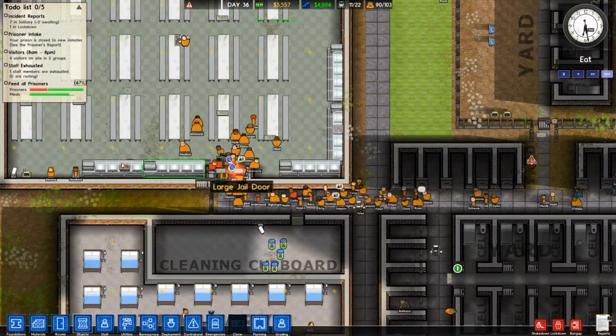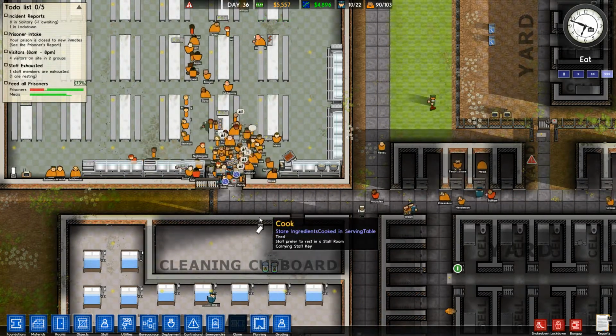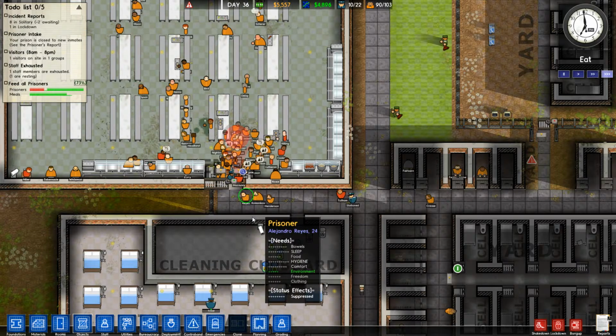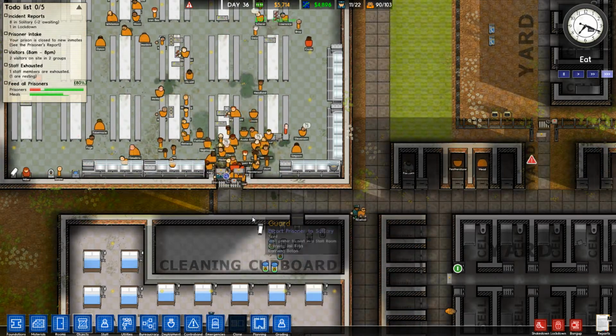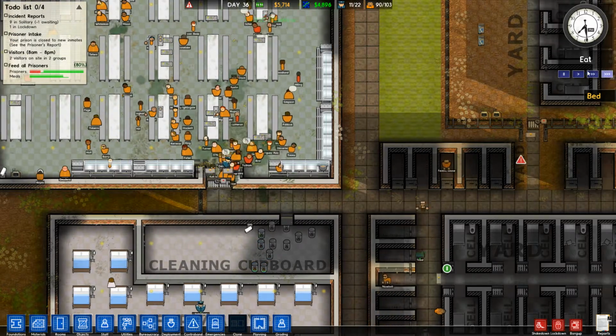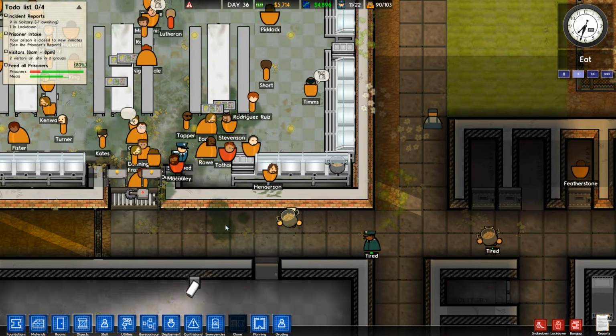Eating time. Again, we have to wait for stuff to be brought in. Why? Someone was being attacked. Look at all that blood.